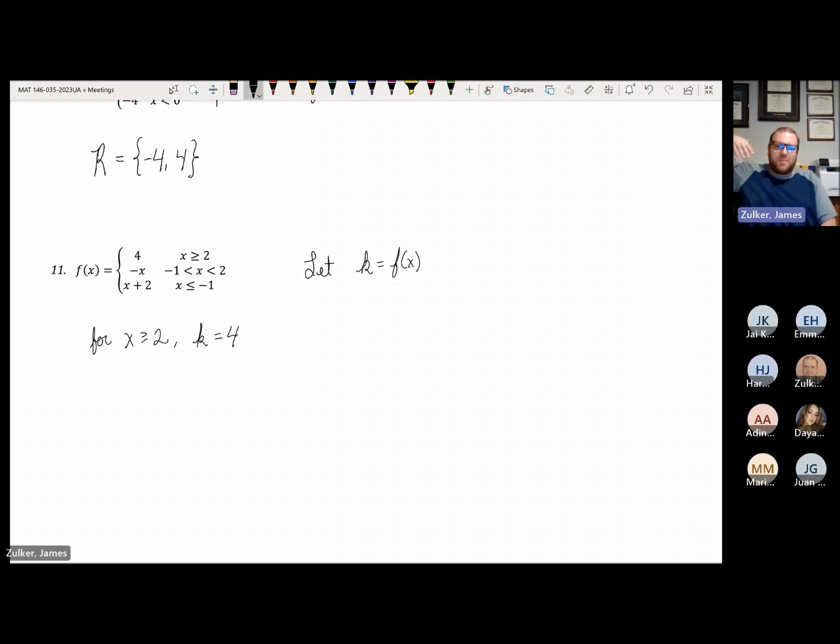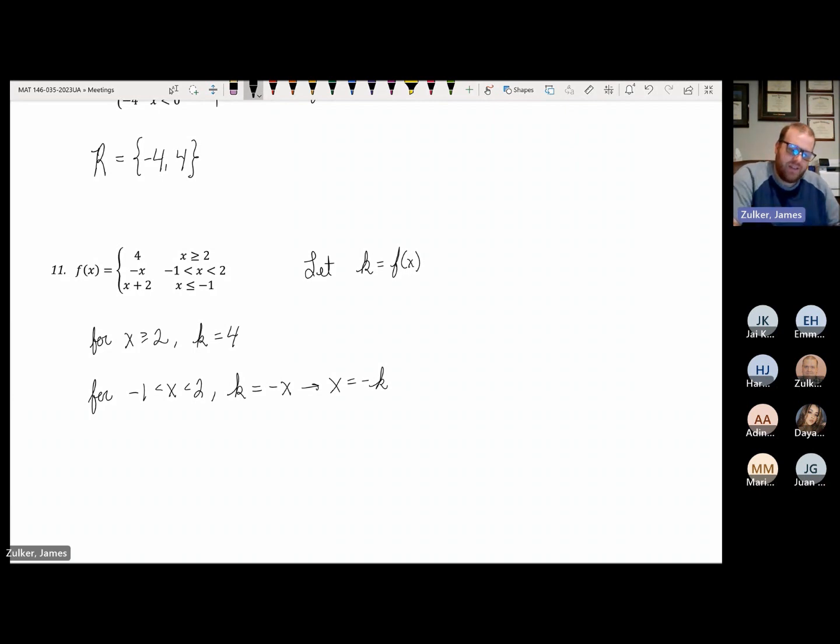So the range of values for that first piece is just 4. Now let's look at the second piece. For those values, -1 less than x less than 2, we get k is equal to -x. Which of course means that x is equal to -k.